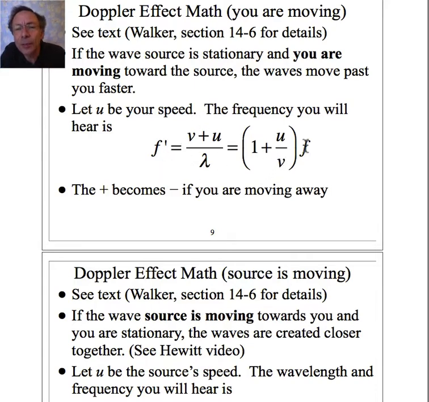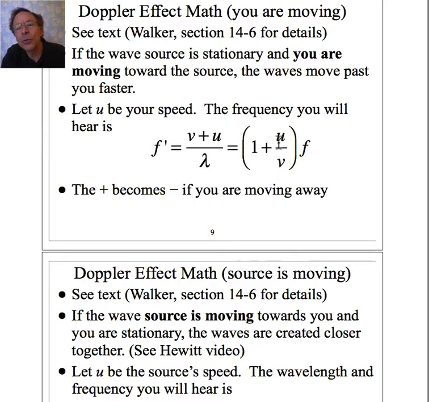So let's take a look at what this says. The F prime means the modified frequency. F without the prime means the original frequency. So this is the thing that's just staying still. It's making a certain frequency sound. The V here is the speed of sound, which is 343 meters per second.